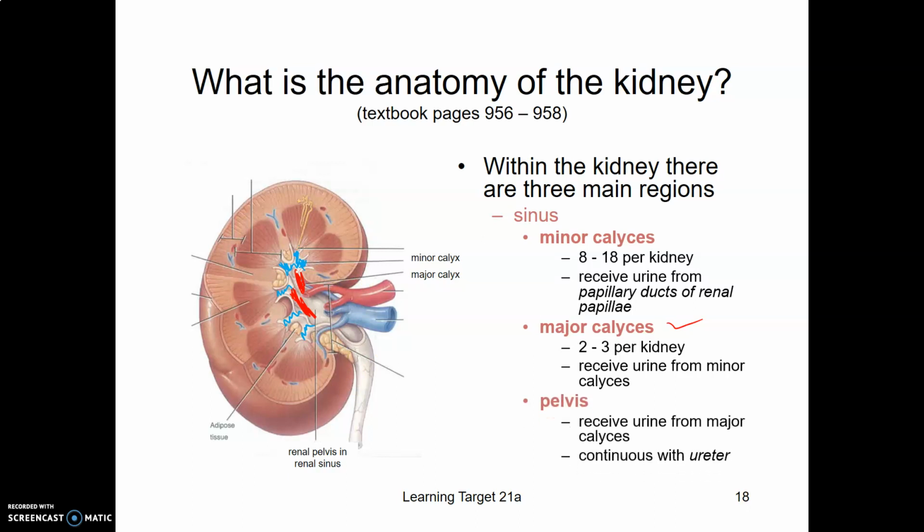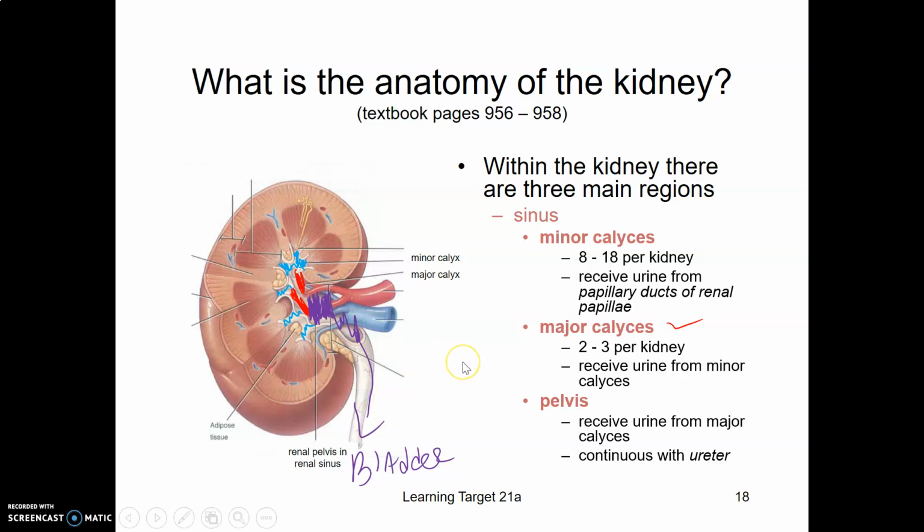And then lastly, in the center here, you have your renal pelvis, which is going to collect all the urine from the major and send it out the ureter to the bladder. Okay, so those are our three regions and our main structures that we just talked about.